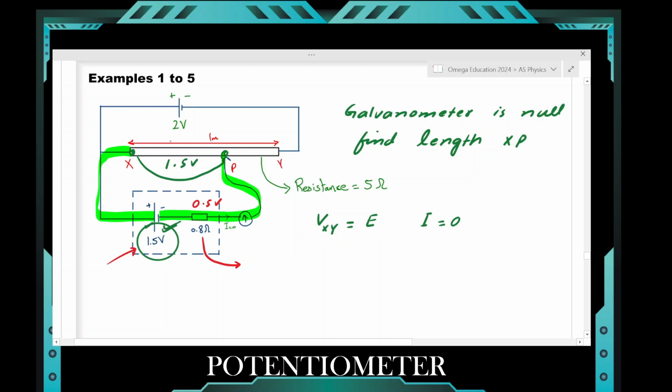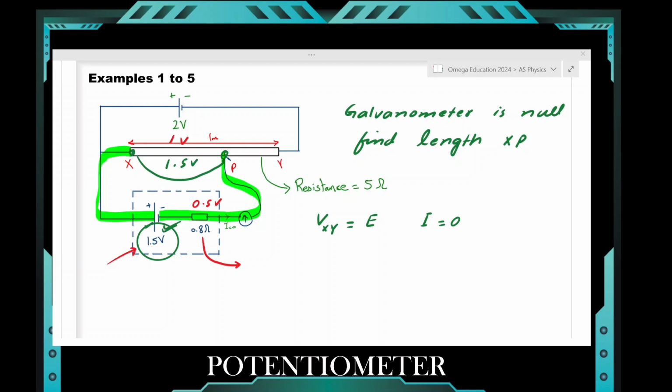Then we should be getting 1 volt over here between X and P. So there has to be at least some voltage drop inside the internal resistance, and the leftover voltage should be across X and P. But that's not the case here. In this case, there is no voltage drop in the internal resistance of the unknown battery.